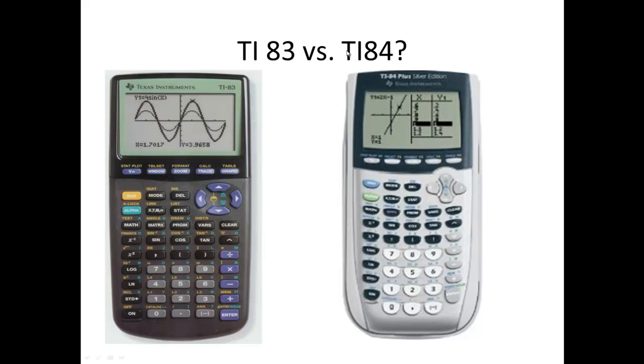Now, the TI-83 here has a little bit less memory than the TI-84, and the TI-84 has some special applications, and it can do some special finance things, but for your regular usage in the math class, you really won't notice a difference, and all the commands work the same. Other big difference is that there's just a color coding scheme difference, and we'll go over that here in just a little bit.